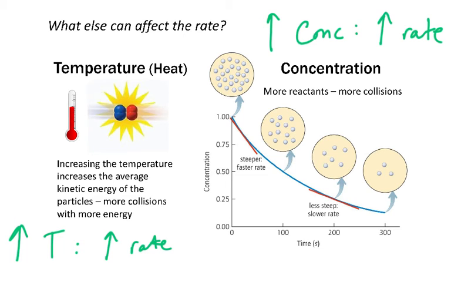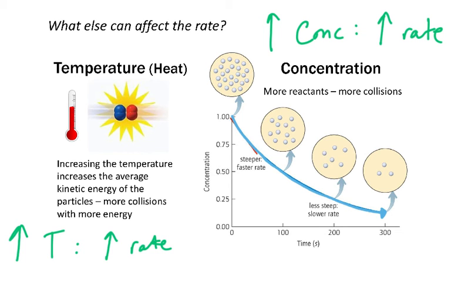And so we actually see generally reaction rates slow down as the reaction occurs because the number of reactants left continues to go down. So fewer and fewer collisions until at some point the reaction basically stops going when there's no reactants left. Okay, so temperature and concentration, increase either of those, you also increase the rate. And so those both have to do with the energy of the collision and the number of collisions.